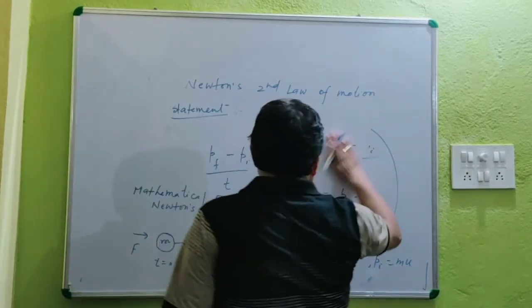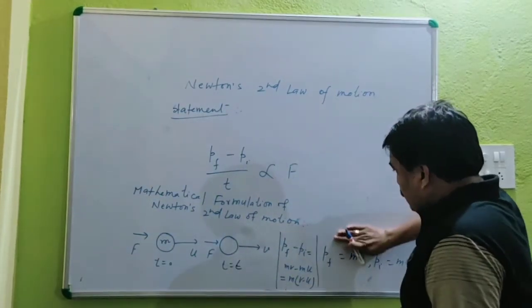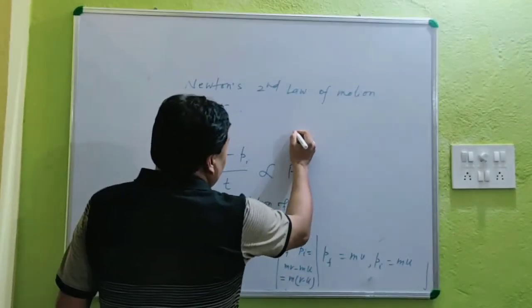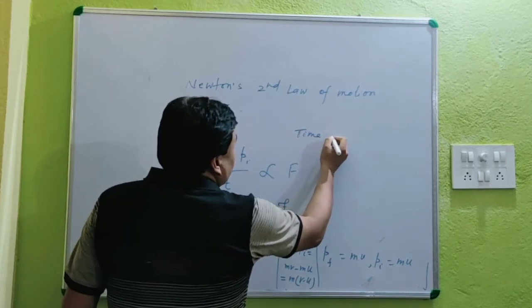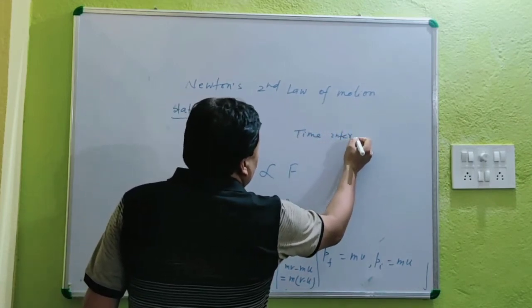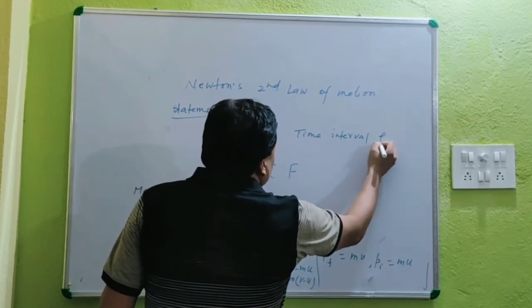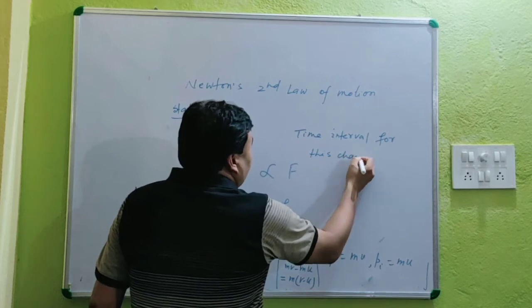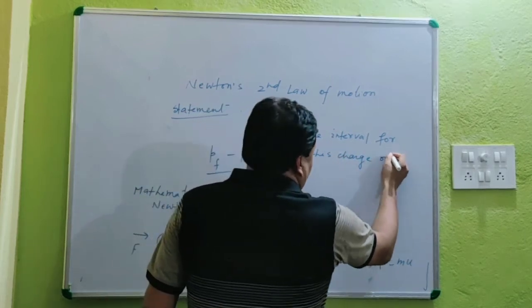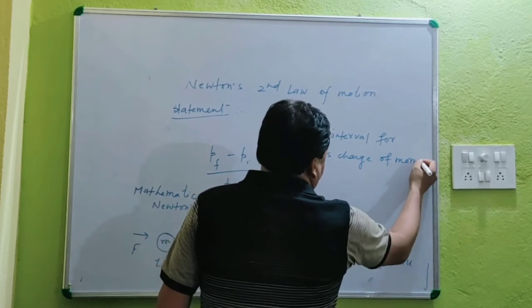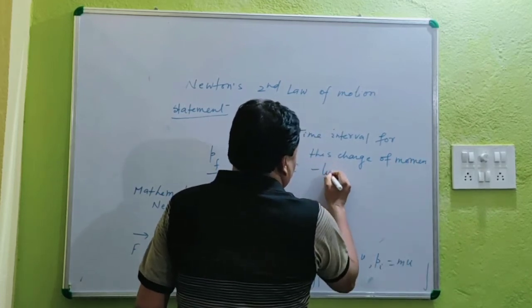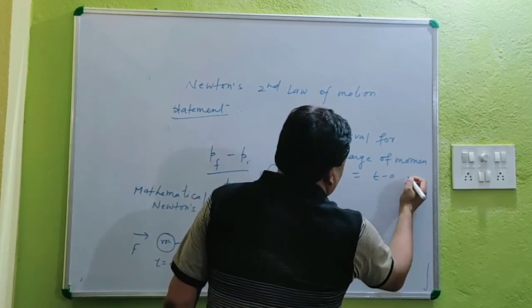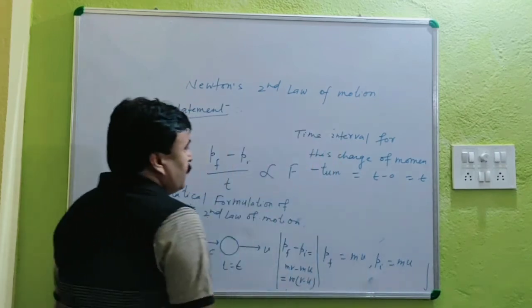So the time interval for this change of momentum is t minus 0, equal to t.